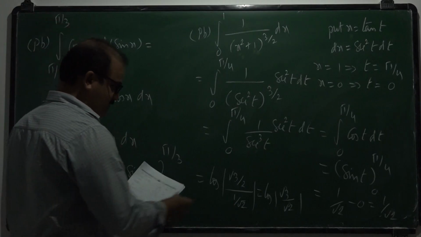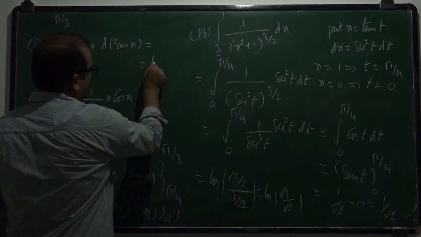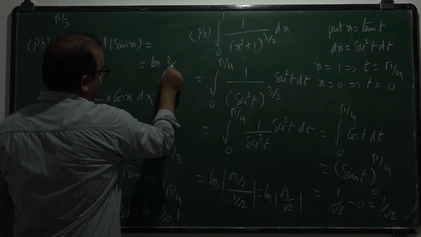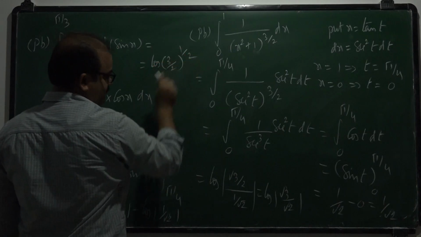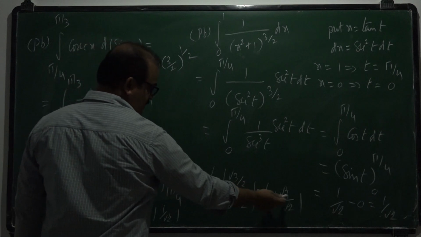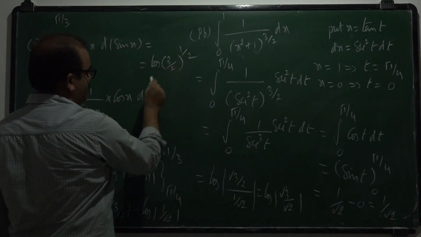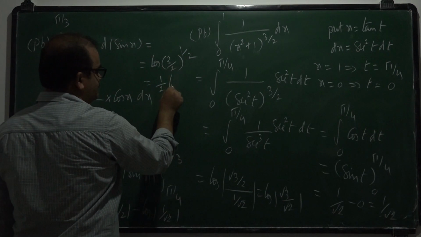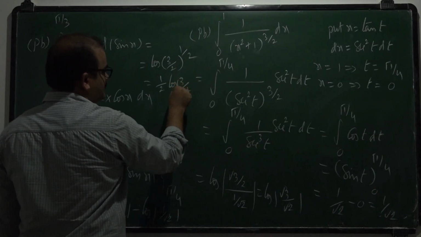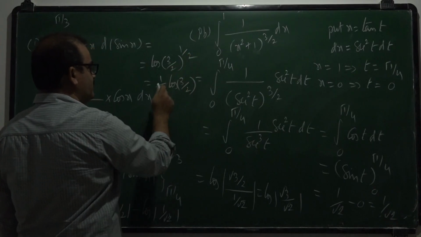Or write it as log of 3 by 2 whole to the power of 1 by 2. Both are under square root, so write it as whole power 1 by 2. So it becomes 1 by 2 into log 3 by 2. Log m power n is n into log m.